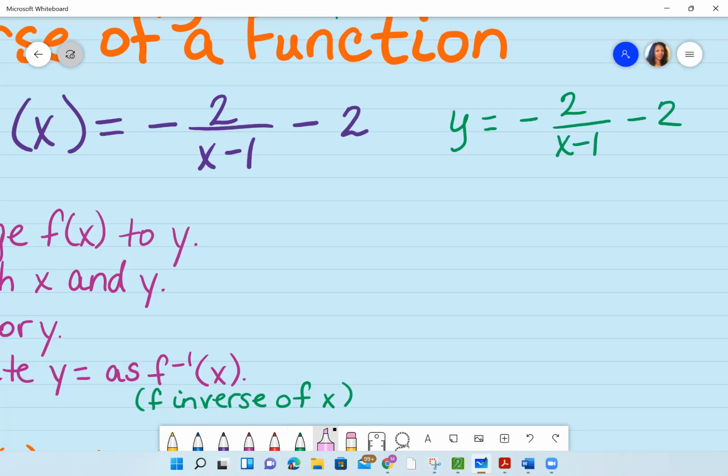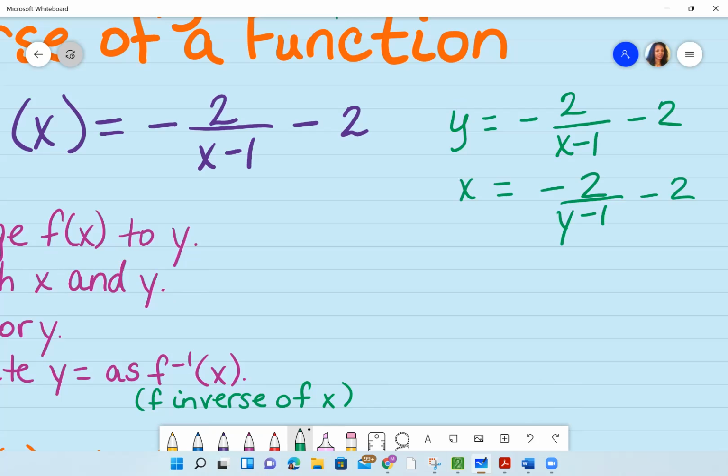So again, at some point, you will eventually skip this step because you already know that f of x is y. So go ahead and rewrite, switch my x's and my y's. So this will now be x on the side by itself, -2 over, instead of x, I'm going to change that to a y, minus 1 minus 2.